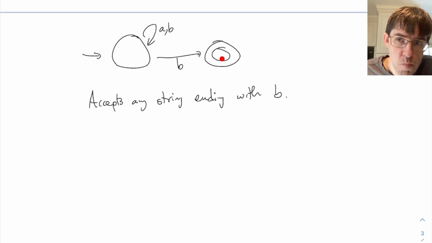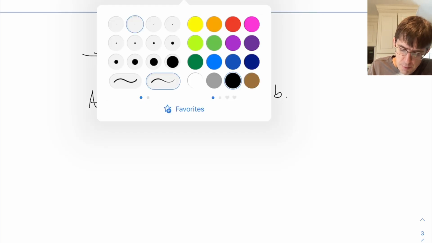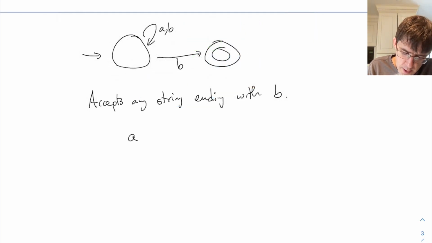Yeah, I was just wondering how it would figure out which B path to follow. Yeah, the answer is it doesn't really figure it out. For example, I can say A, B, A, B is accepted, whereas A, B, A is rejected.